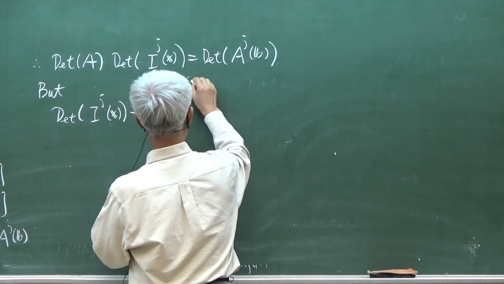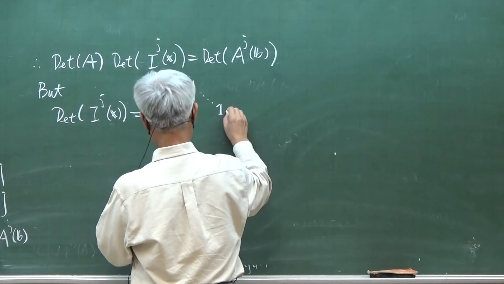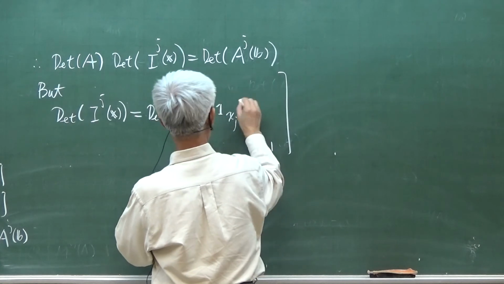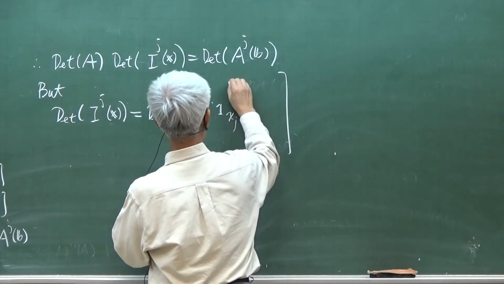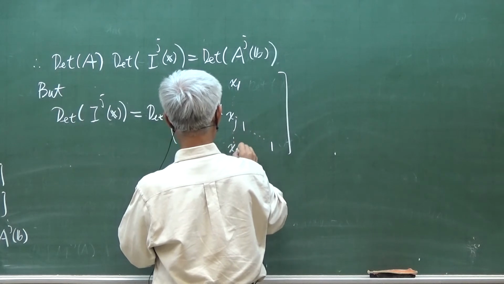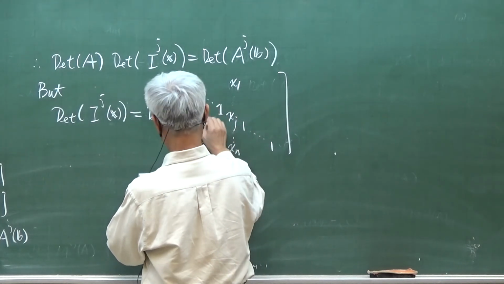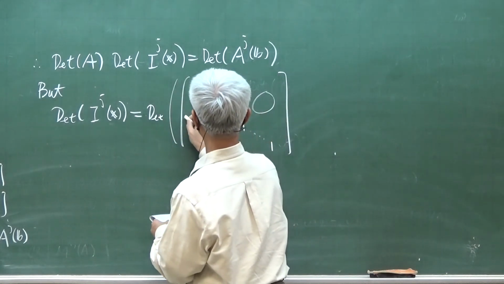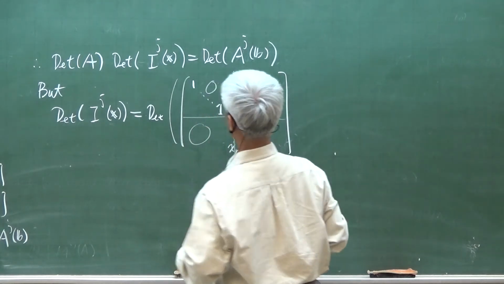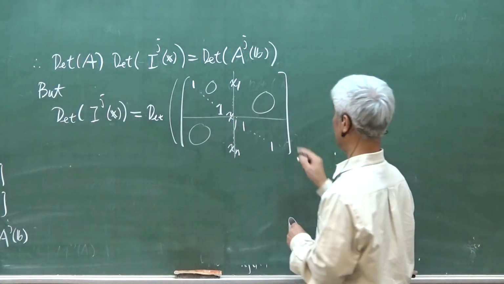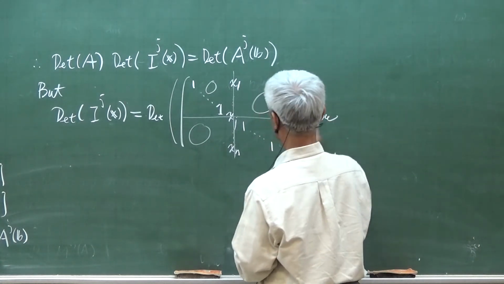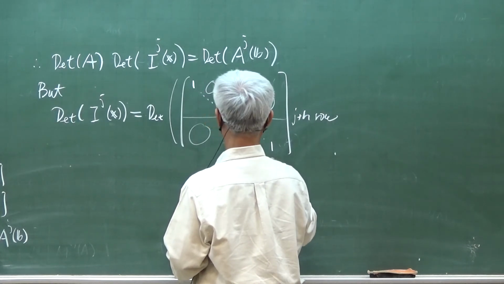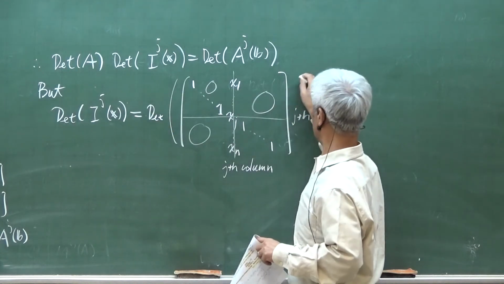It's 1, 1, and then x_j, 1, 1, and in the jth column we have x1 down to xn, and it's all 0 elsewhere. This is the jth row, and here is the jth column. So I_j(x) is this matrix.